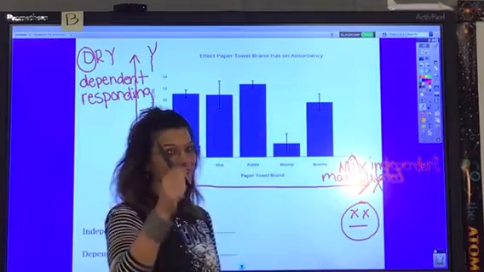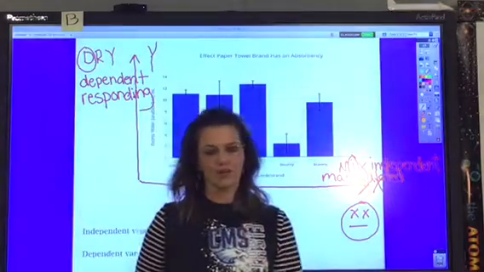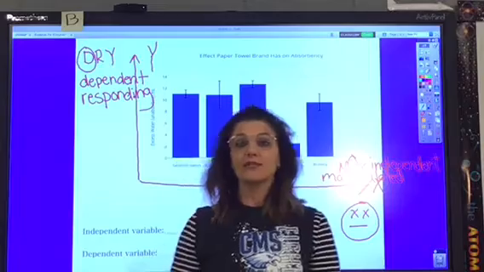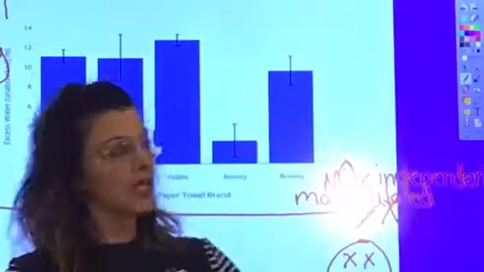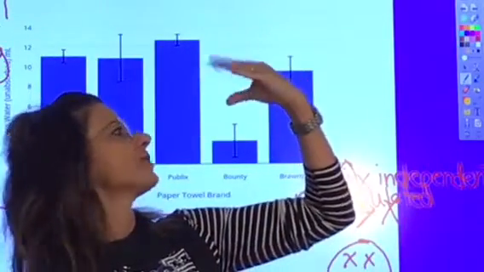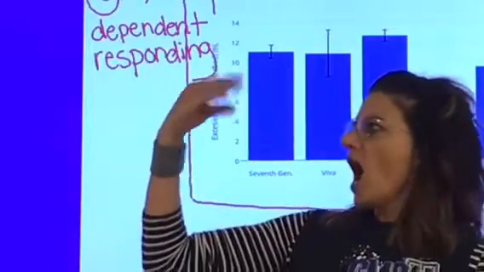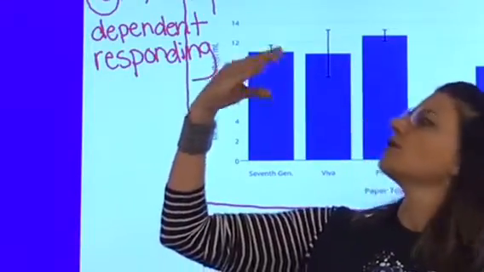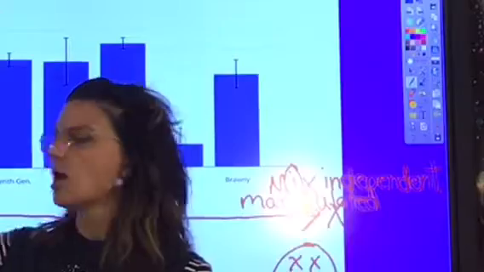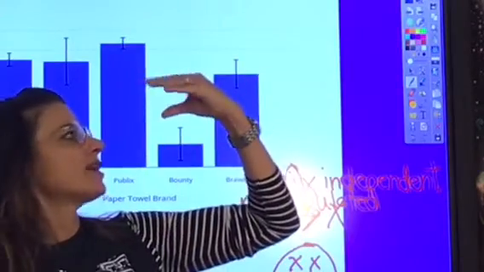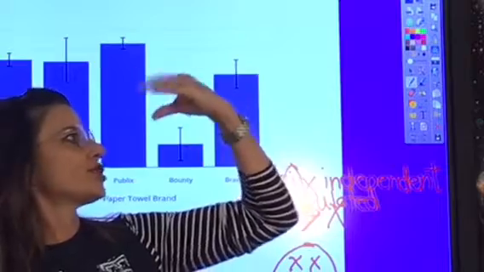I actually looked this up because I was wondering why there are two names for this, and believe it or not, this is what they said. I think we should call it the manipulated and responding variable because that's what we've always called it. No, independent and dependent because that makes a lot more sense. No, manipulated and responding because that's the way science needs to be.